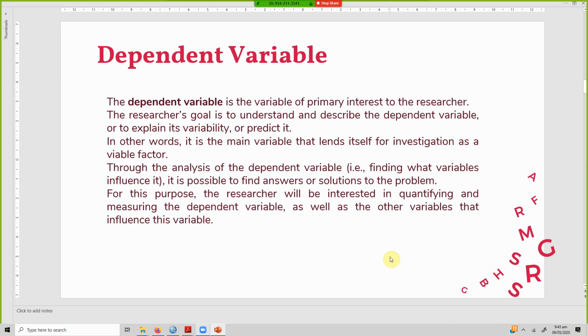And obviously, when we are studying the dependent variable, we are also interested in identifying whether it has different facets, characteristics or dimensions. Then we quantify each of those dimensions in order to develop a better understanding of the variable.